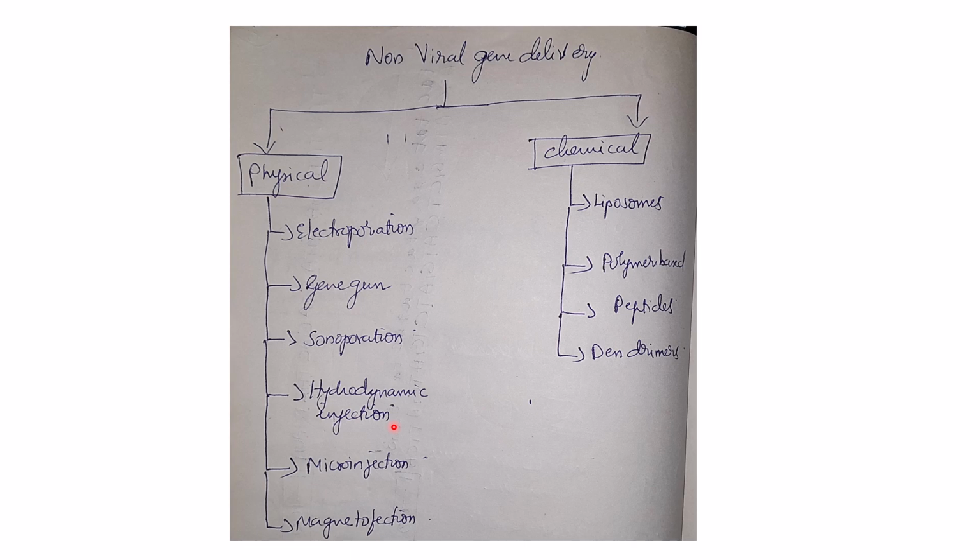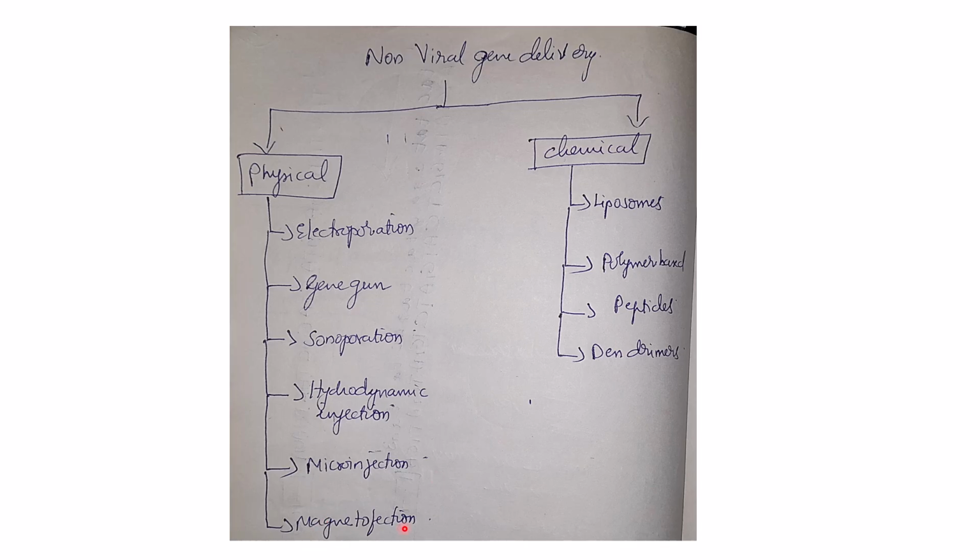Okay, rapidly injected into the blood vessel, and this can result in efficient uptake of the genetic material. Then there is what is called microinjection, that is injecting genetic material into the nucleus through the cell's nuclear envelope. That is called microinjection.